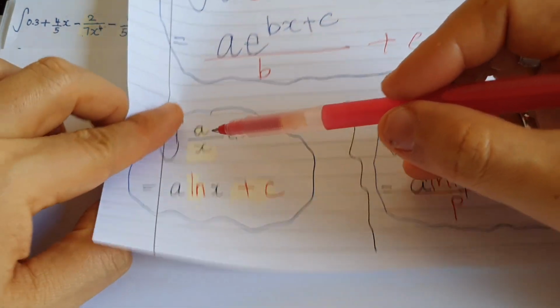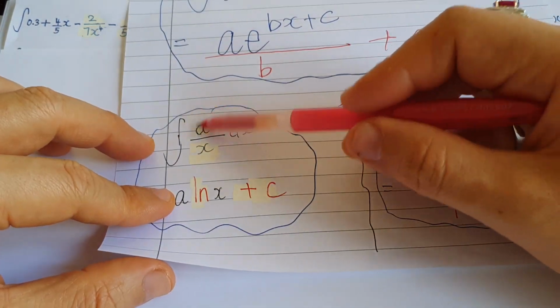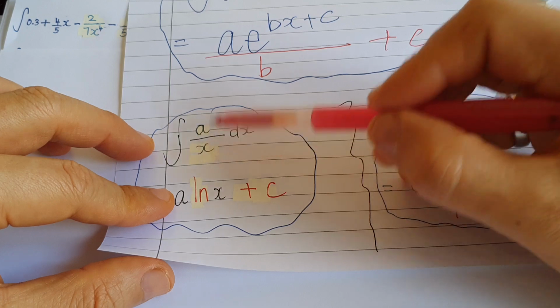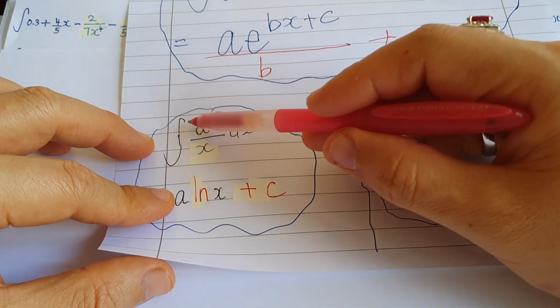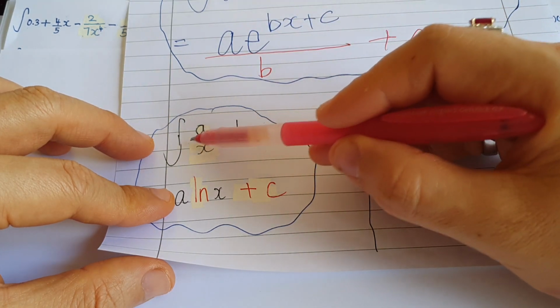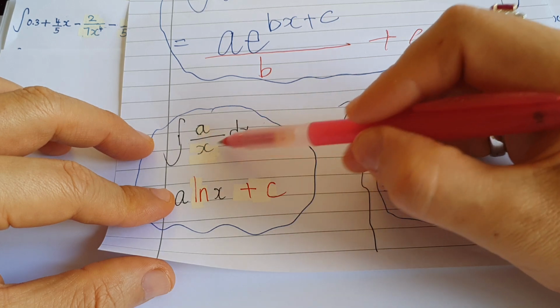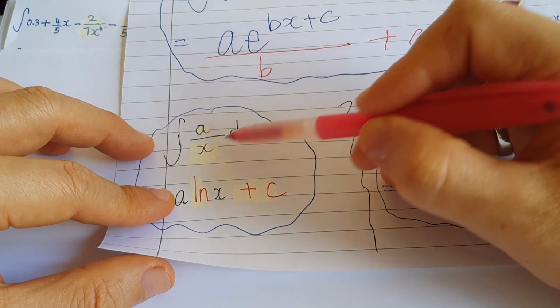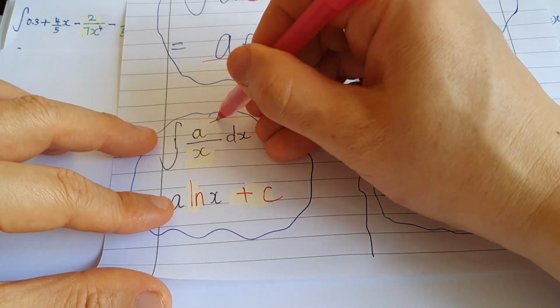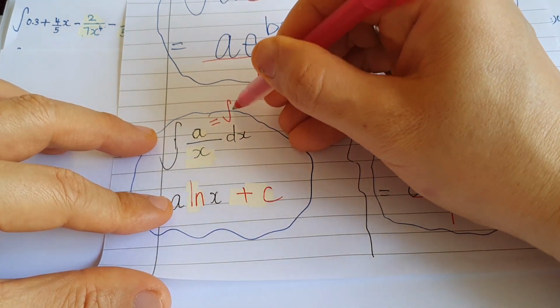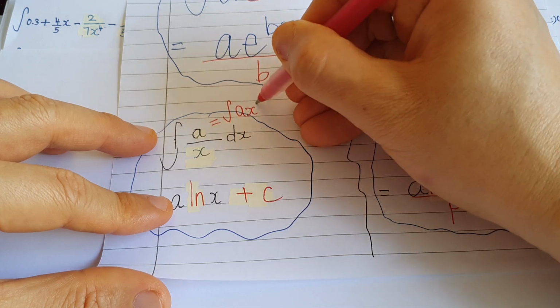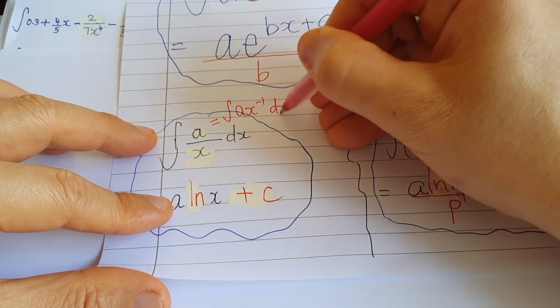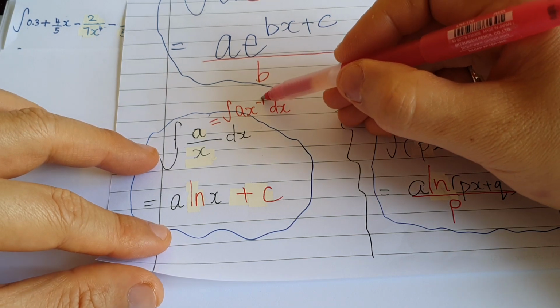So an example of this is, okay, if I have the integral of a over x, where a is a number, integrate with respect to x. Now you will notice that in this case, when I express in the form a x to the power of n, then I plus 1.